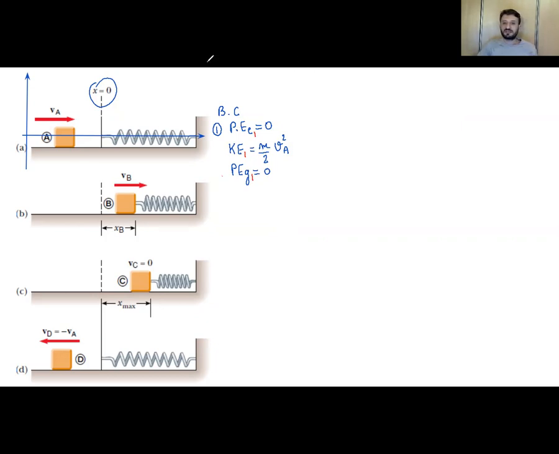Now I take state 2. In state 2, I am during the collision. After the collision, the system of the spring and the block is moving to the right, and here we have a compression of the spring.